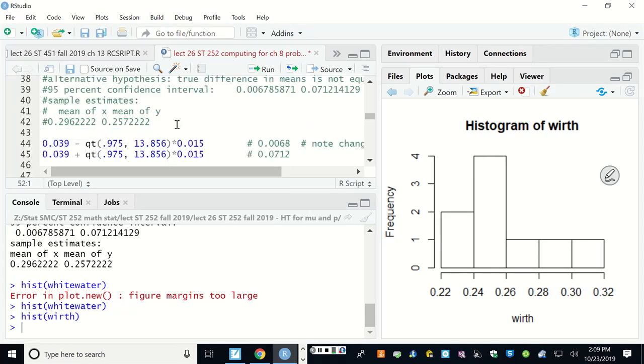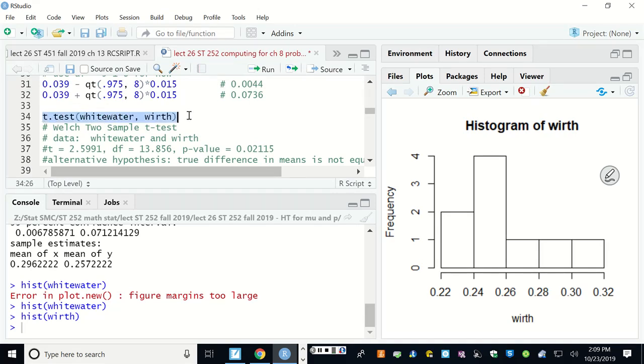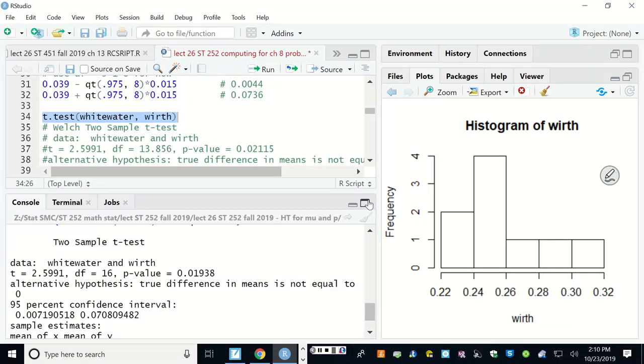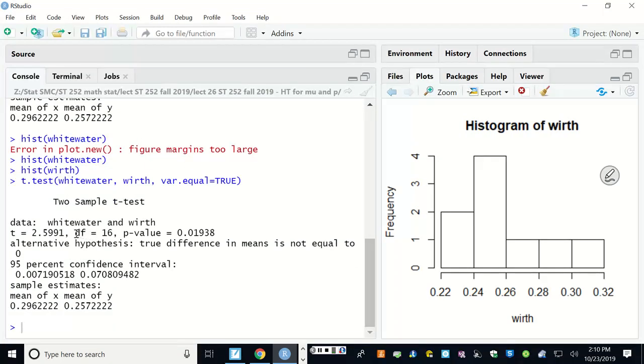The other way to do this t-test, that I didn't put on here, if you think the variances are equal, you can tell it var.equal equals TRUE, and it does the 2-sample t-test. Degrees of freedom are now 16 because we're using one estimate of the pooled variance.